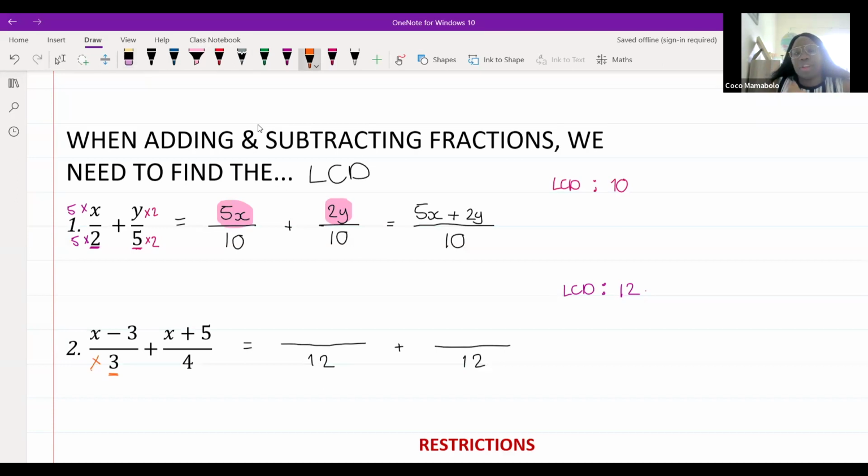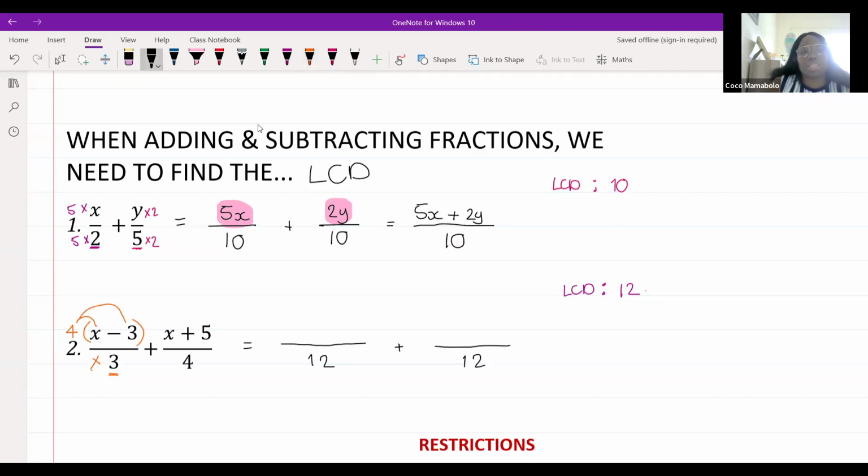Now, be very careful at the top. If I multiply the top by 4, I can't just multiply the x by 4. I need to multiply the whole thing by 4. So I need to put brackets around that.